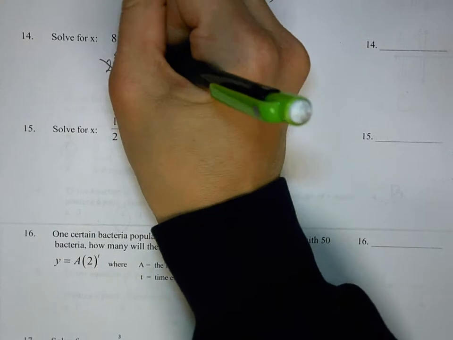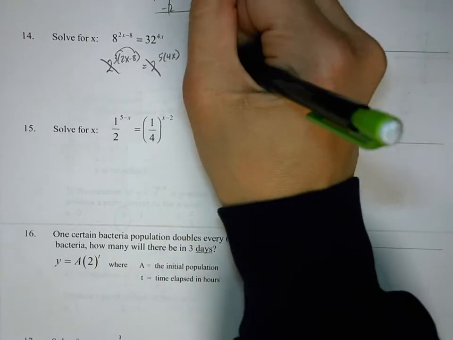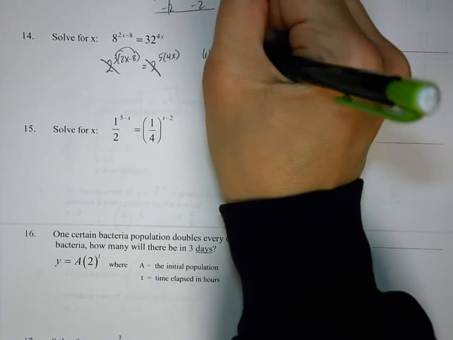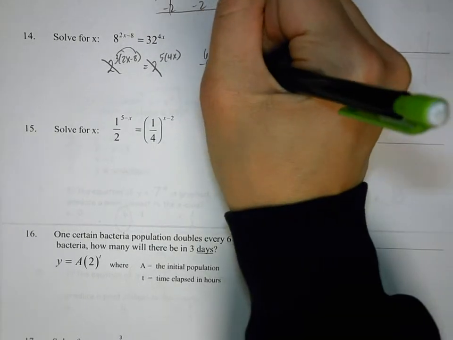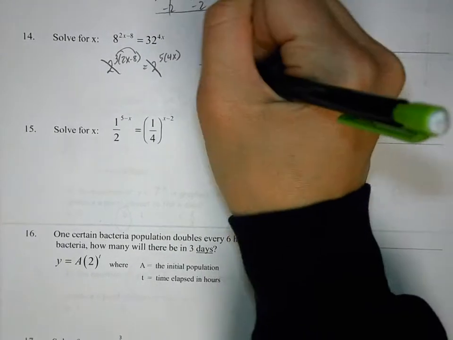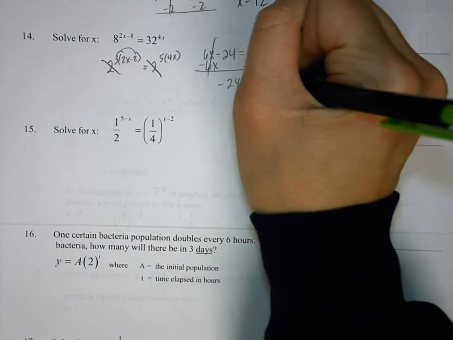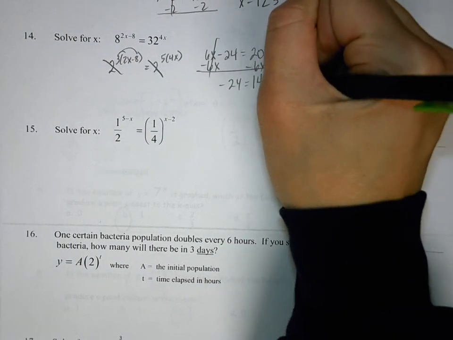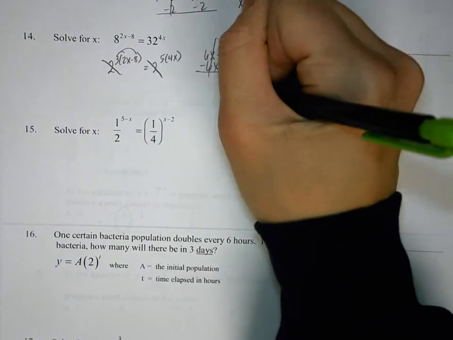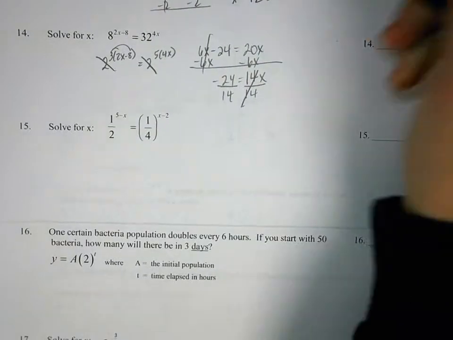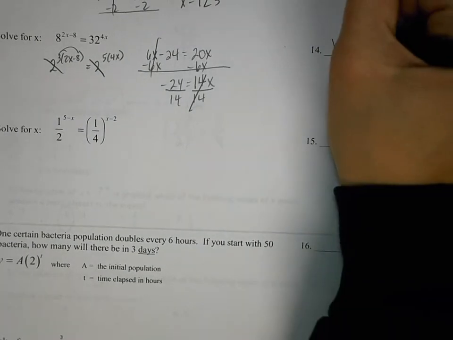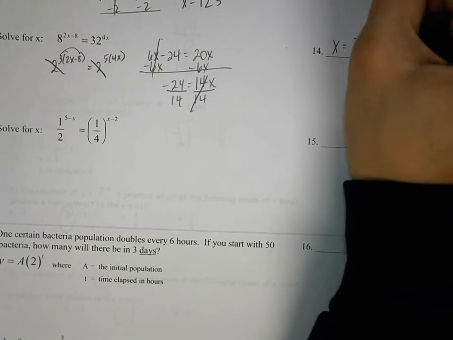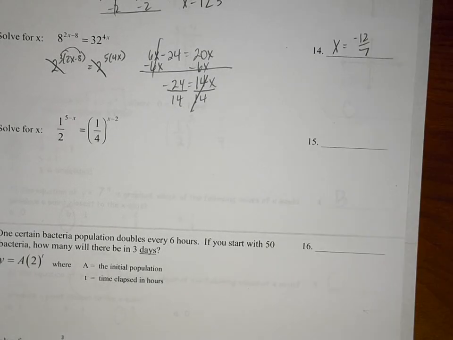We distribute the 3 through and we get 6x minus 24 equals 20x. Subtract 6x to both sides. Negative 24 equals 14x. We divide by 14 to both sides and reduce. And what does my answer end up becoming? X equals negative 12/7 is the correct answer.